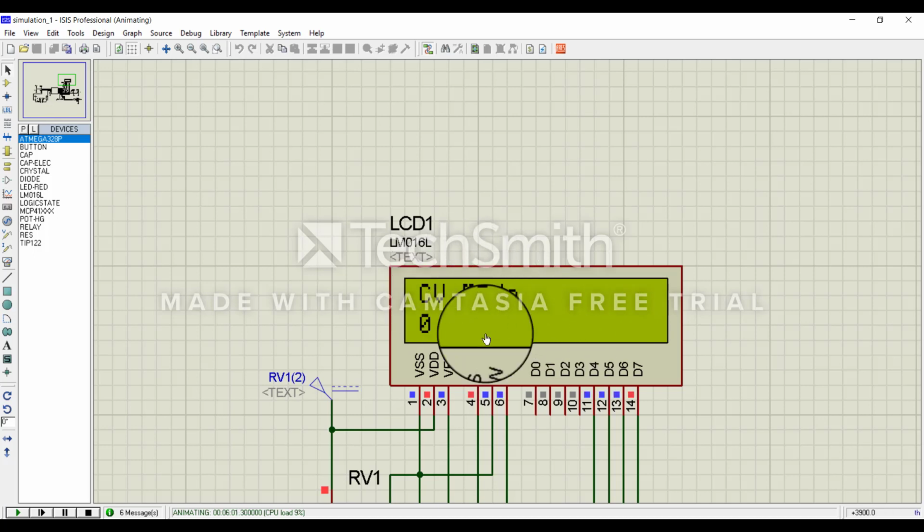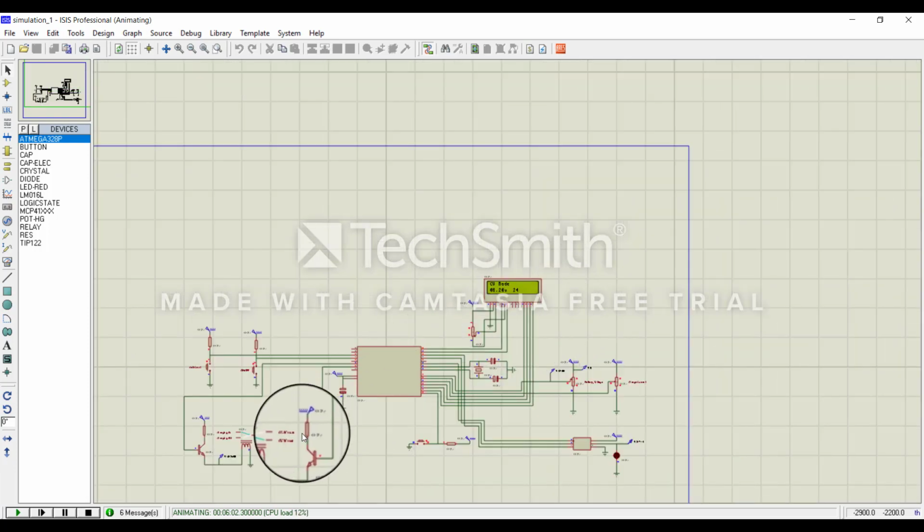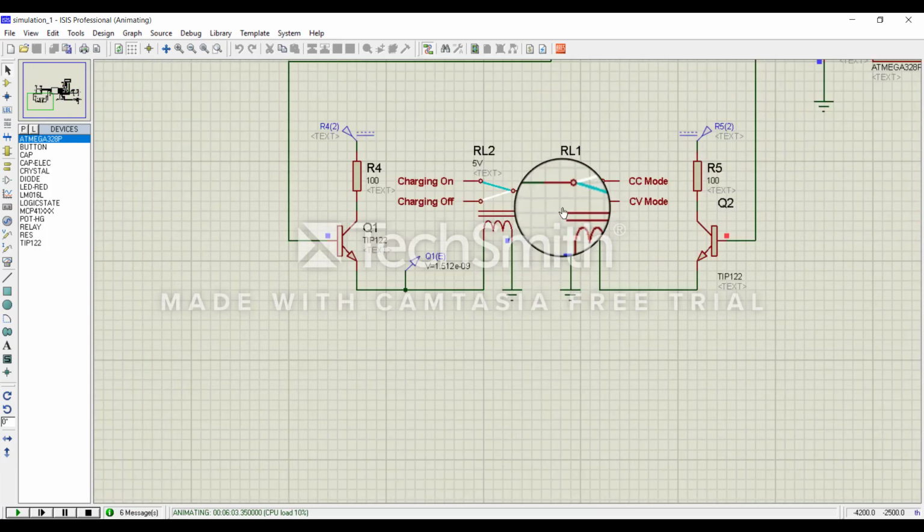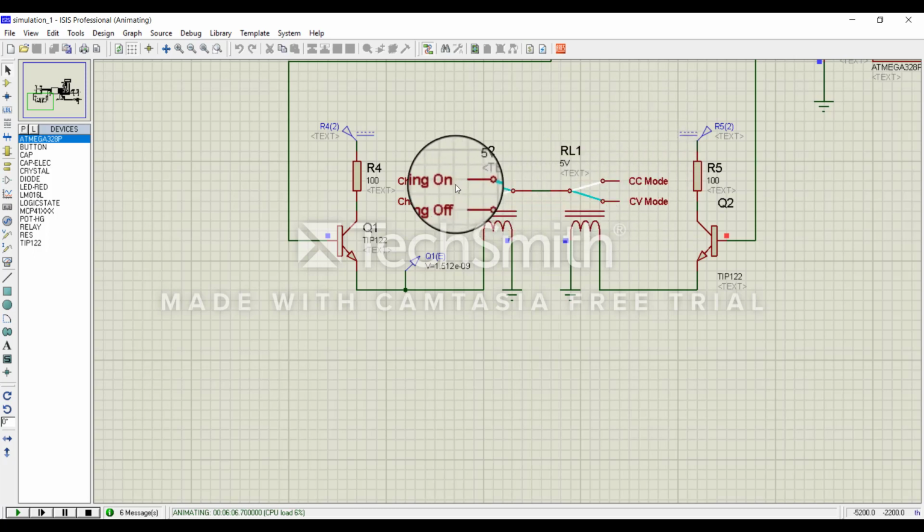Yes, it has switched to the CV mode. Here we can also see the relay has switched to the CV mode, which was previously in the CC mode, and still the charging is on.